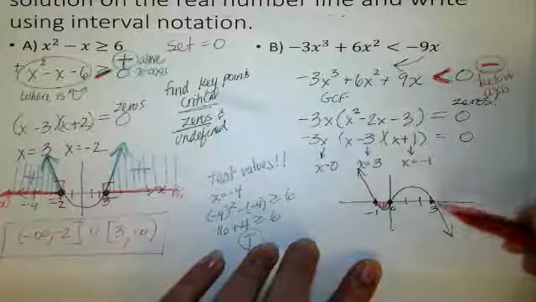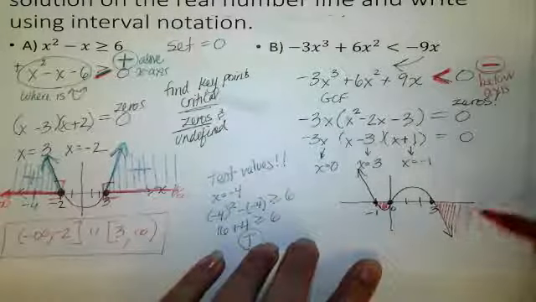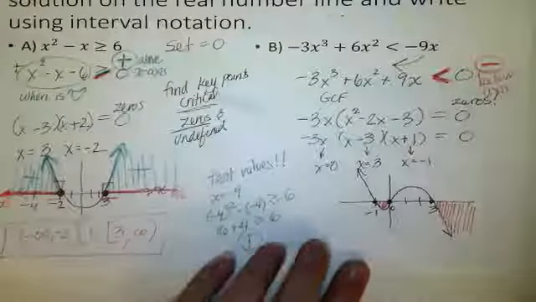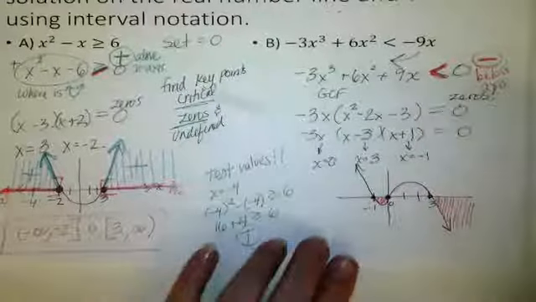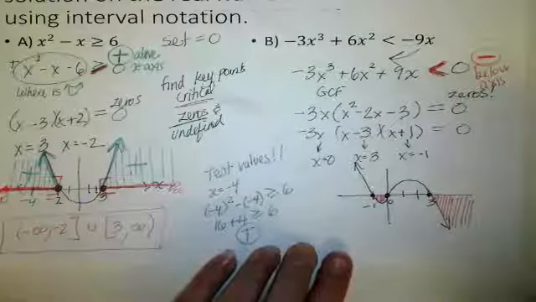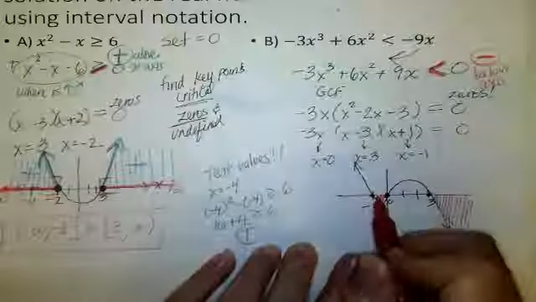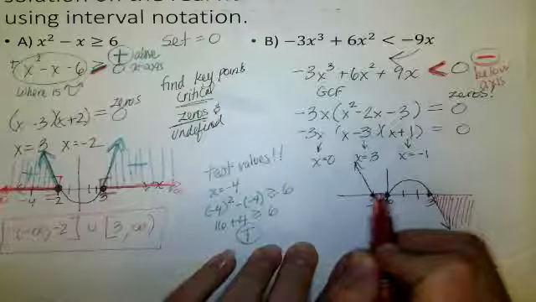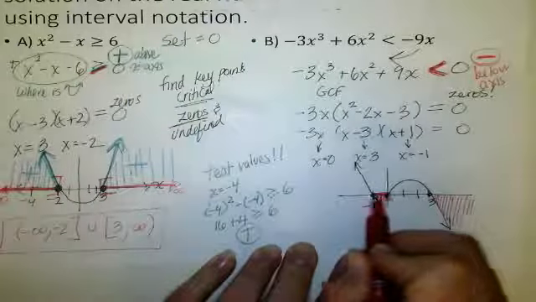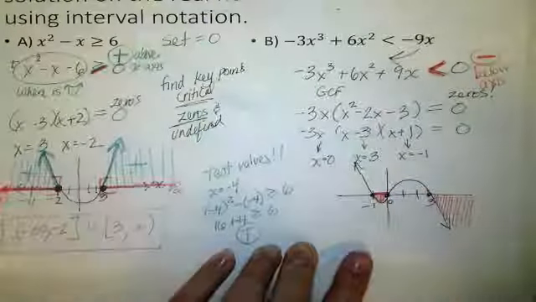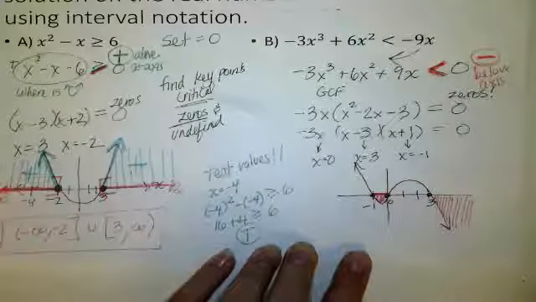And also over here, our polynomial is under the axis. And so what is our x interval? So right here, this little space, these x values produce negative outputs.